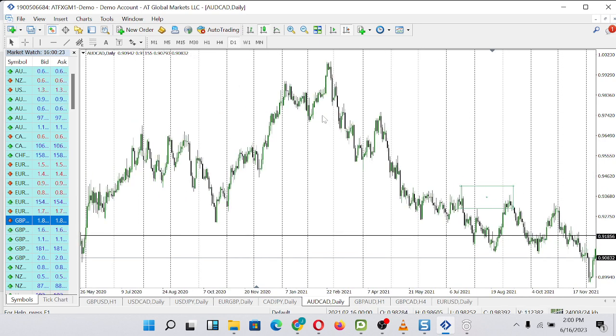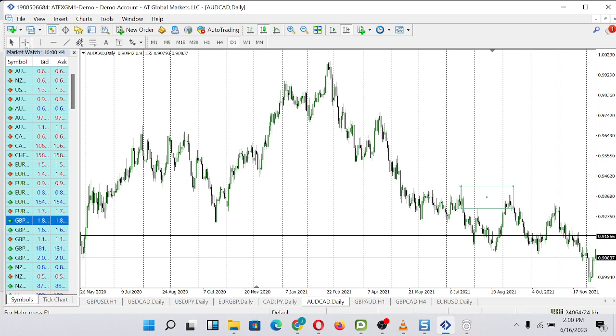Let's see if we can get another example. Now another example is this: it took out the liquidity here, right? Raided the high here, the last high, came and broke structure here.